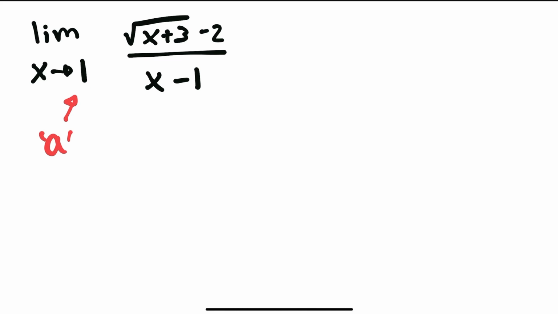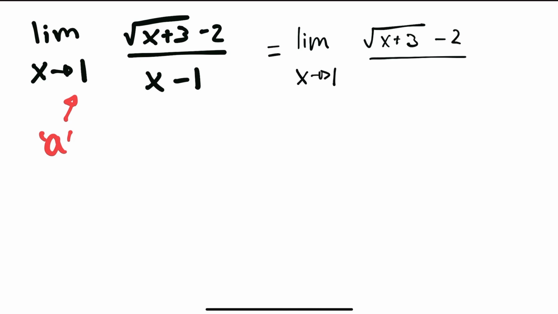If we plug in this a value, we would have the limit as x is approaching 1 of the square root of x plus 3 minus 2 over x minus 1. We would have 1 here and 1 here.